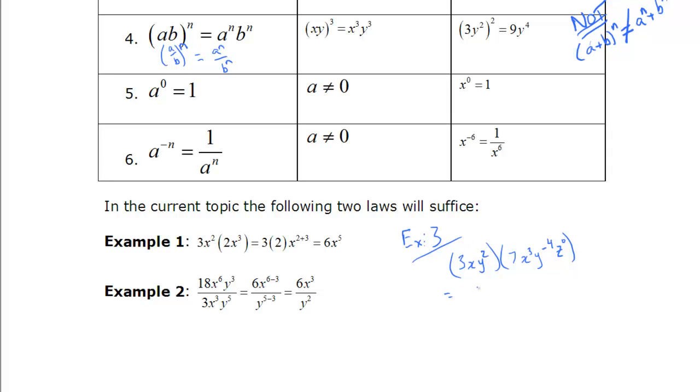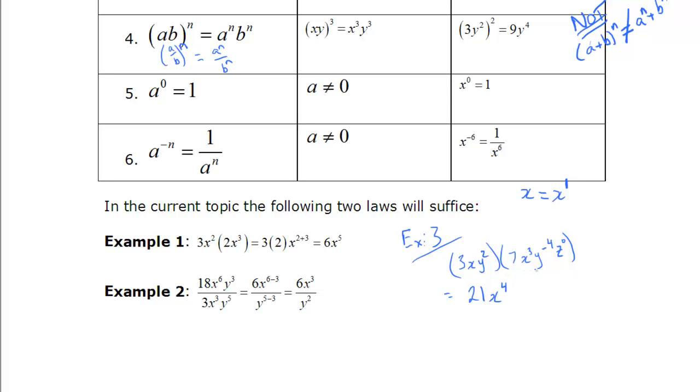So 3 times 7 is 21. X and x are the same base, so when we multiply them together, we add the exponents. So x to the 1 times x to the 3 is x to the 4. It's not listed above, but x just means x to the 1. If there's no exponent, it means 1. So that's what we have there.